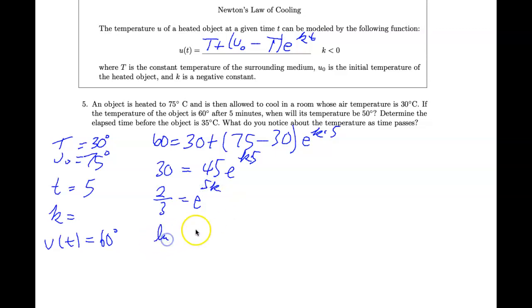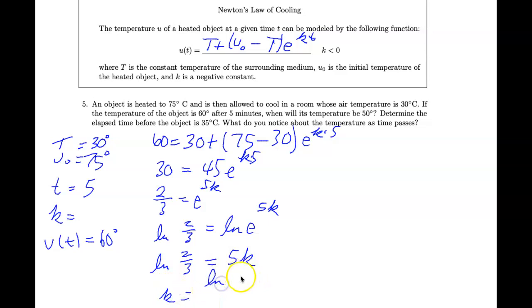We'll natural log both sides, and the 5k will come down. Natural log of e is 1. We'll have natural log of 2/3 equals 5k times ln e, which is 1. Divide both sides by 5. k will equal natural log of 2/3 divided by 5.